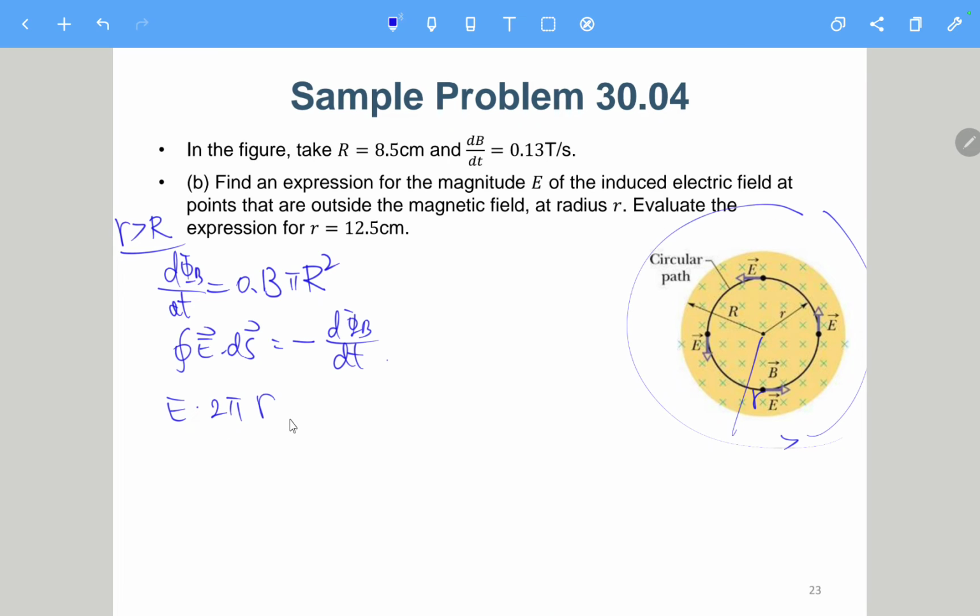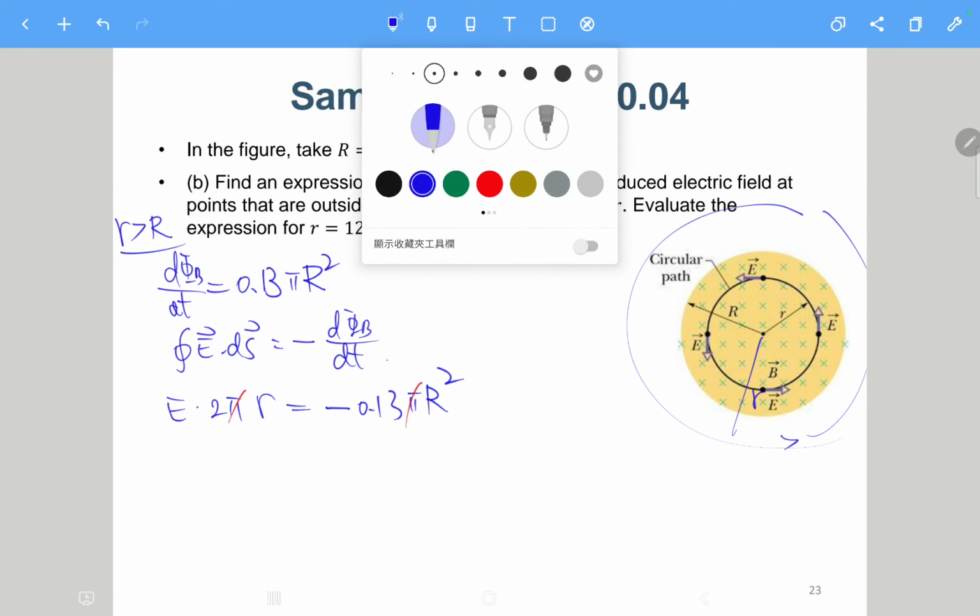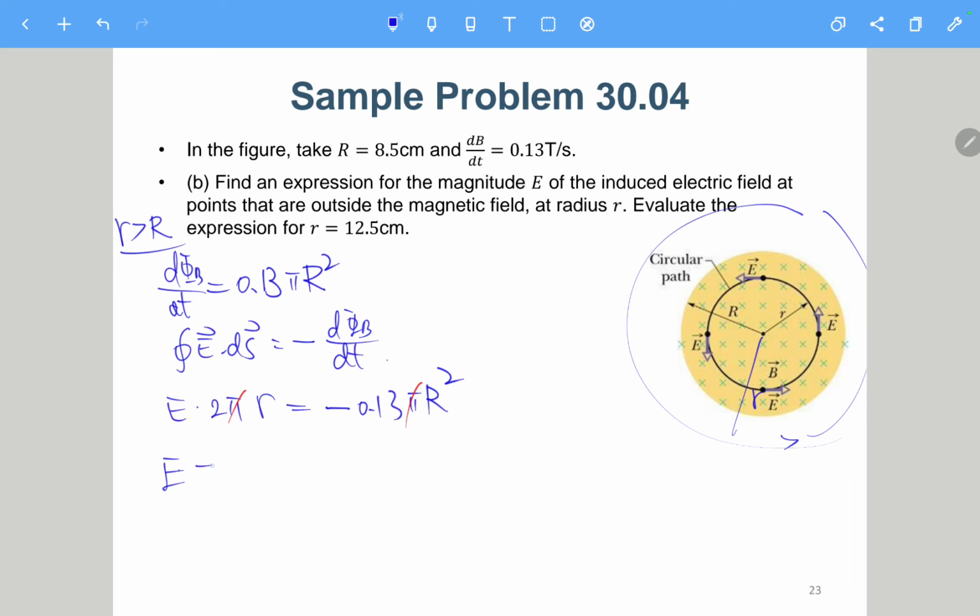So in that case we have negative 0.13 pi capital R squared. Okay, so we can still cancel pi and pi. And finally, E should be negative 0.13 over 2, times capital R squared over small r.